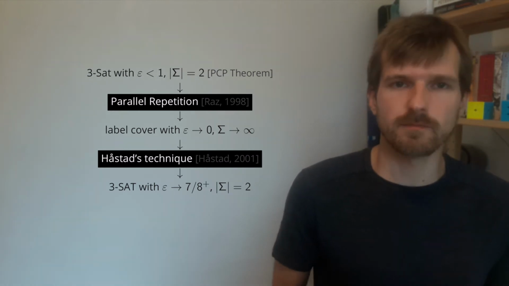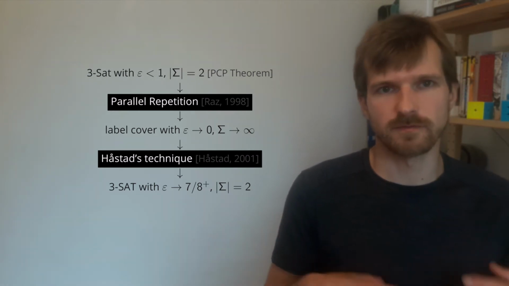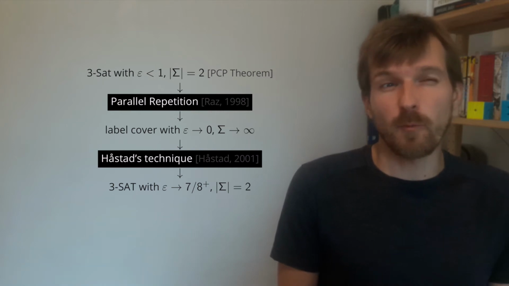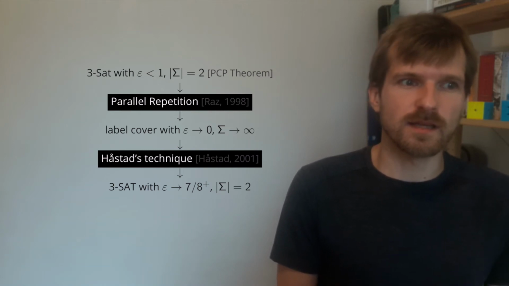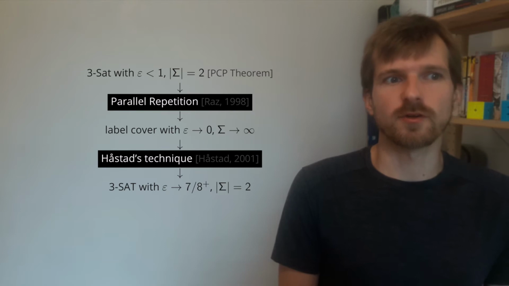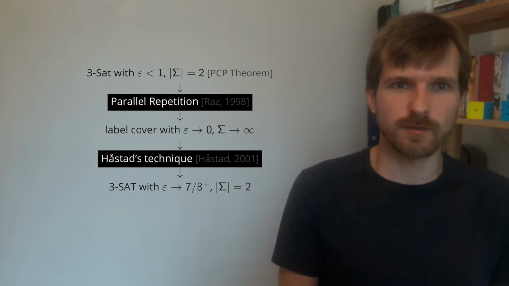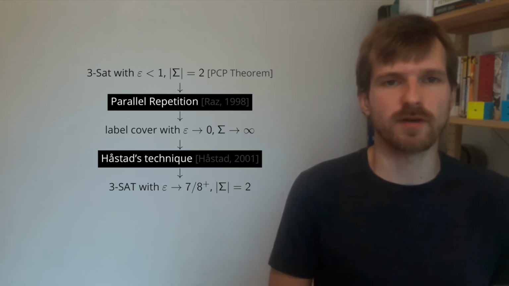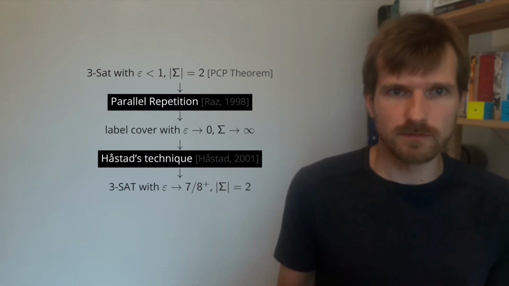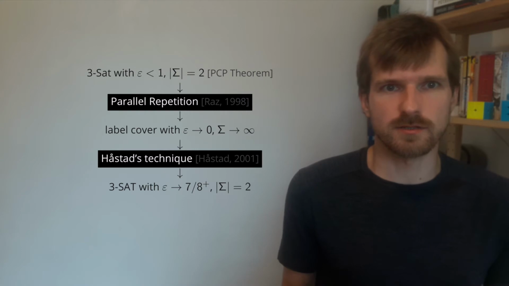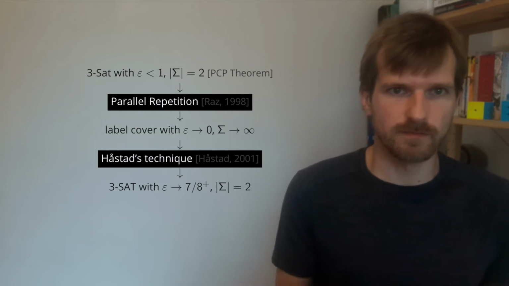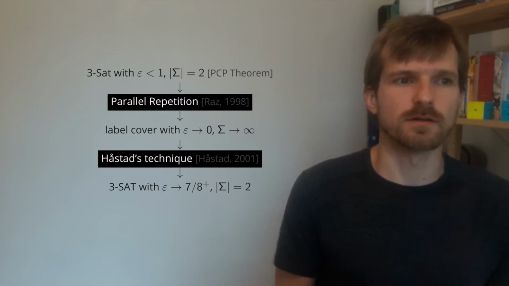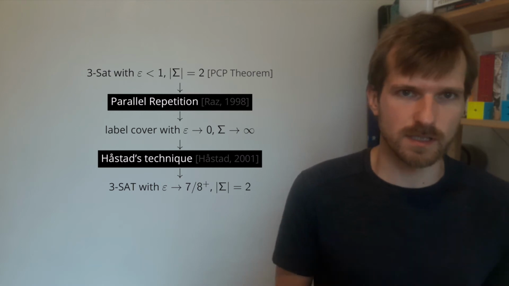Now, the same method can be applied also in the case of different CSPs, and one might say that most, if not all, modern inapproximability results are basically built on this framework. Either they are direct applications of this with better chosen parameters, or they are somehow generalizations of this.